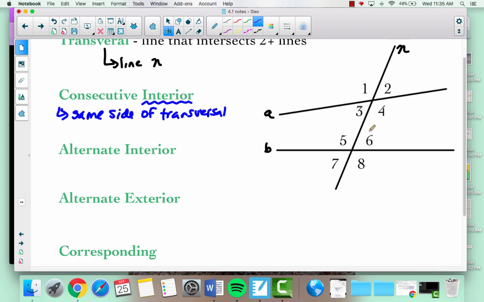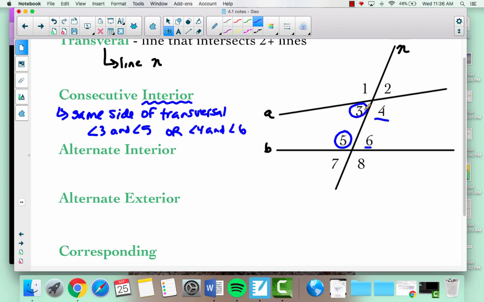All right, so interior would mean between the two lines. Exterior would mean outside of the two lines. So same side of the transversal, both interior. And they're going to be here, in this case, angles 3 and 5. So angle 3 and angle 5 would be consecutive interior, or you could say angles 4 and 6.